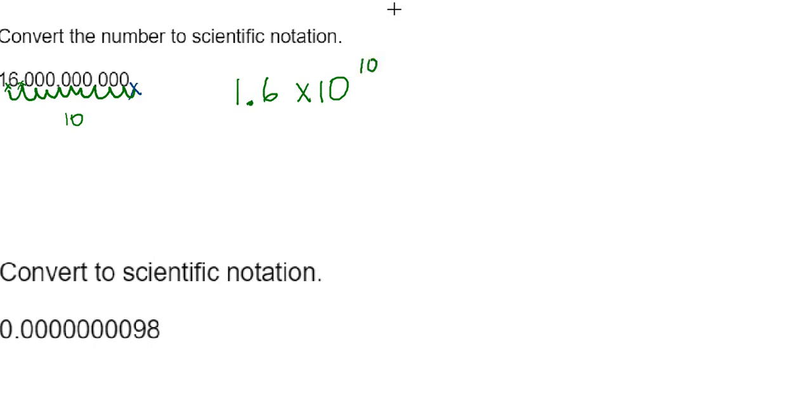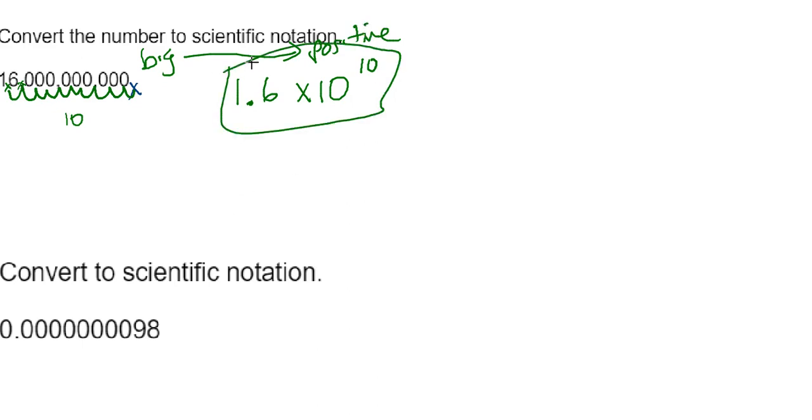And then the last thing you have to decide is, should that be a positive 10 or a negative 10? And here's where my rule comes into play. If this is a big number, the exponent should be positive. If this is a small number, the exponent should be negative. So this is a big number, which means we will have a positive exponent. And so I'm just going to leave it as a positive 10, and that will be the number in scientific notation.